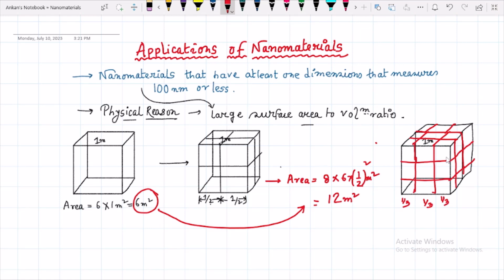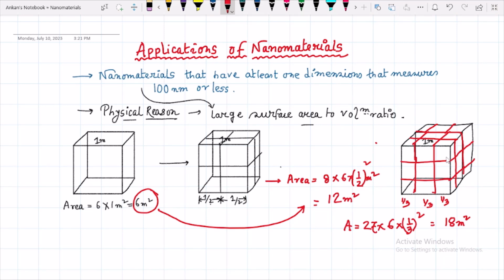So now the surface area becomes 6 into 1 by 3 whole square, and there are 27 compartments formed due to this equal division. So 27 into this, the area becomes 18 meter square.